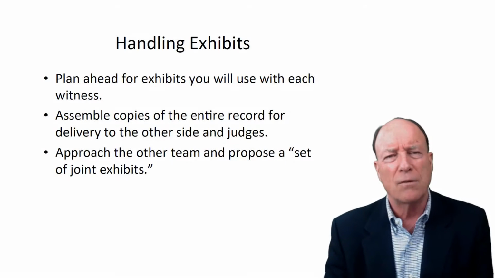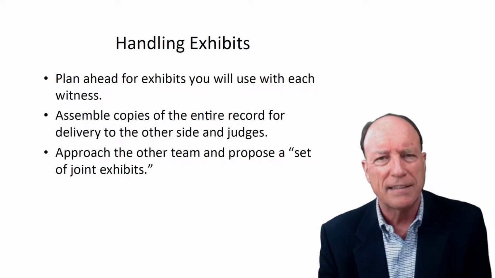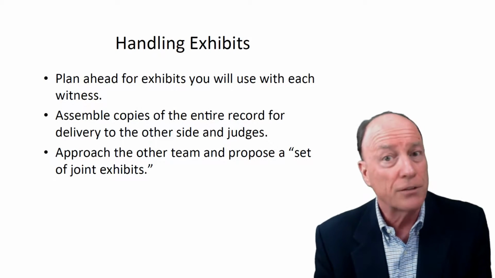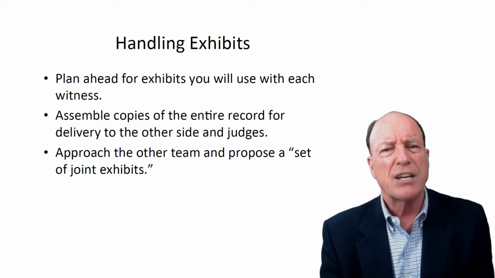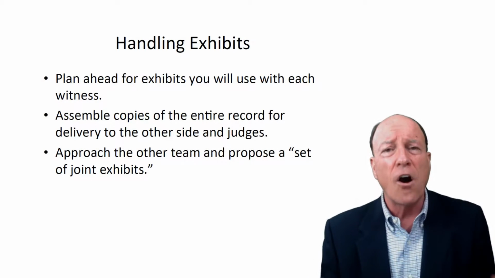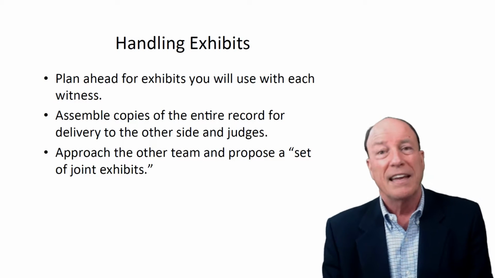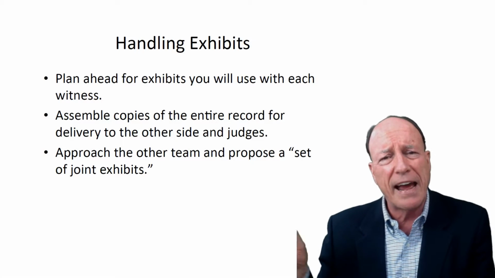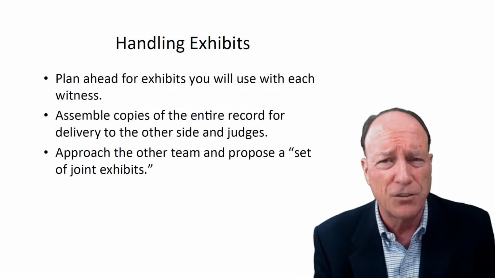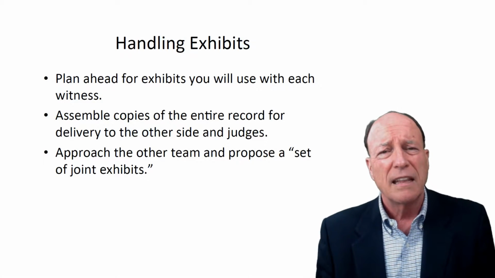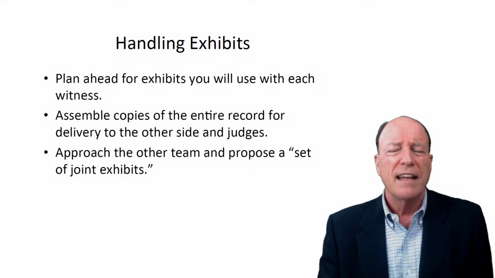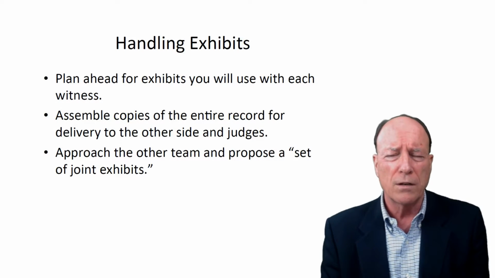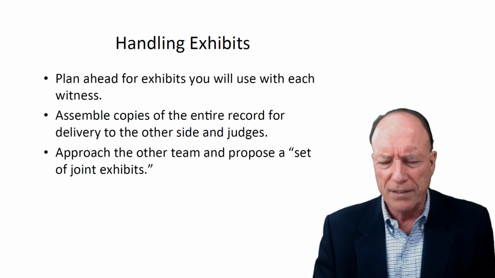Now, it may be, and about 1 out of every 3 years I've seen this, there will be an exhibit that you will want to challenge, or the other side will want to challenge, and not agree or stipulate that all exhibits are admissible. Since you have set yours in a 3-ring binder, it's easy to pull that particular piece of paper out of the joint set of exhibits, and then you know that during the course of the hearing, that particular exhibit may require special handling, particularly if you want to introduce it into evidence.